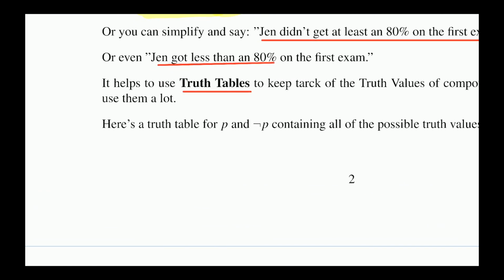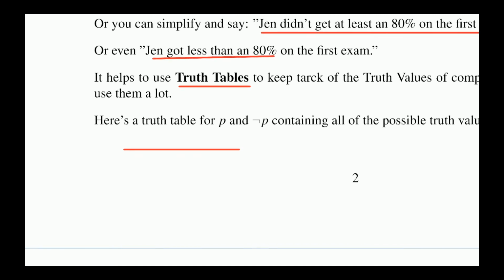On top, you put whatever things you need to keep track of the truth values of. Like if we're doing P and not P and we need to make a truth table, you would say, okay, we're going to do P and we're going to do not P. So that's what you put on the top.